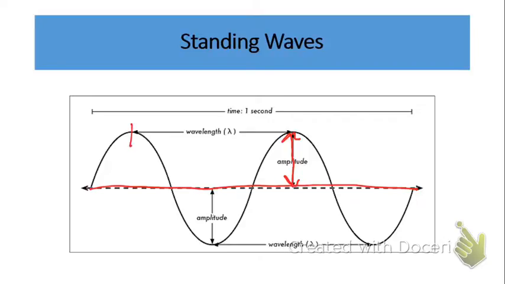All right, and again, here's the wavelength, the distance from crest to crest, and then the frequency is the number of wave crests that pass a given point in 1 second. And so those are the common standard characteristics or definitions that you should know for standing waves.